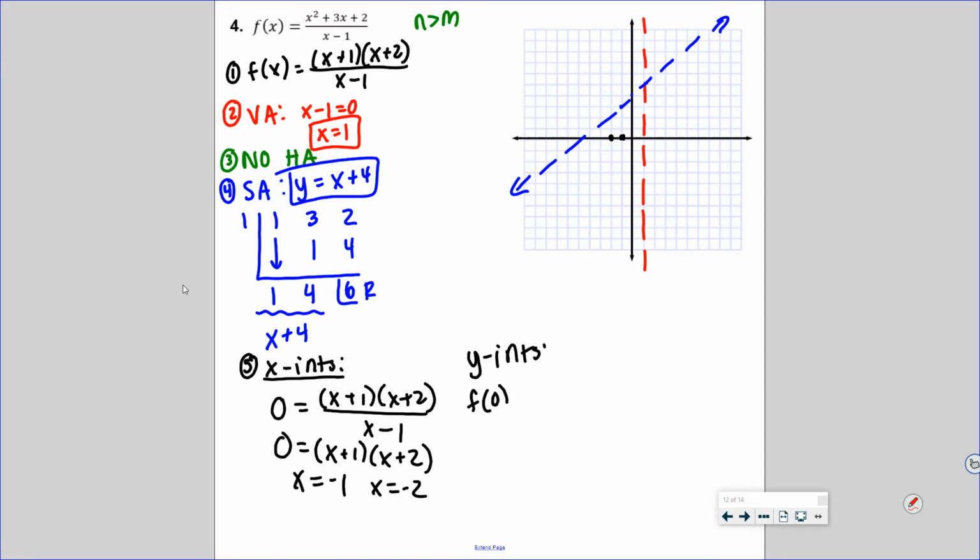Find f of 0. That might be easier to plug in here if you want to, or you can plug it in the factored form, doesn't matter. Either way, we get 2 over -1, which is -2.